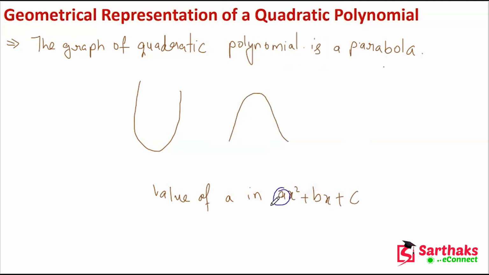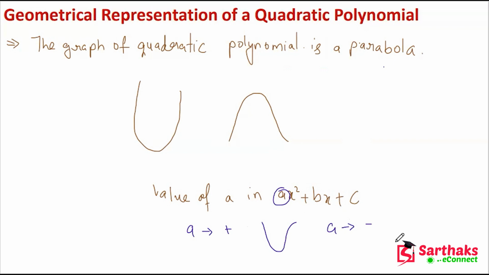Okay, so now if a is positive, then the parabola opens upward. It looks like this. If a is negative, then the parabola looks like this.